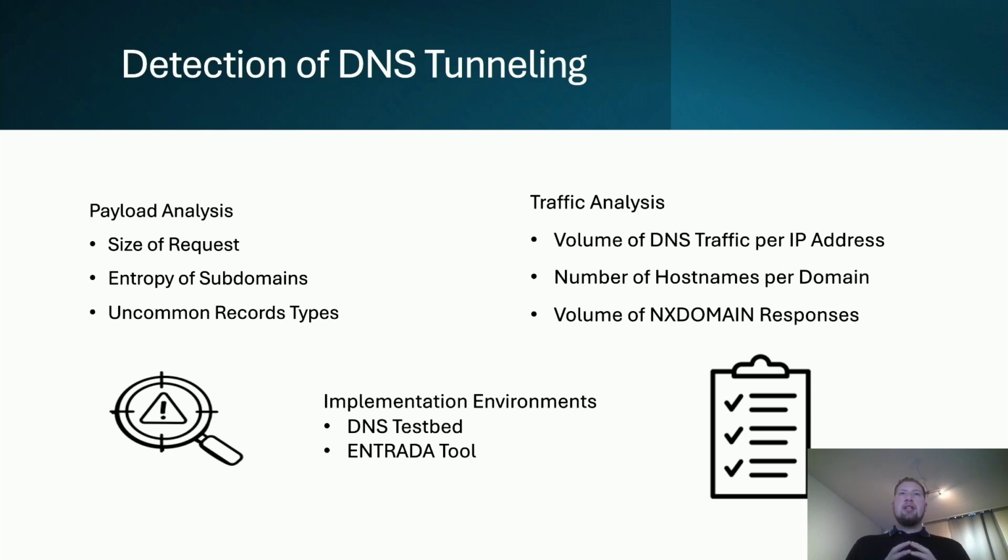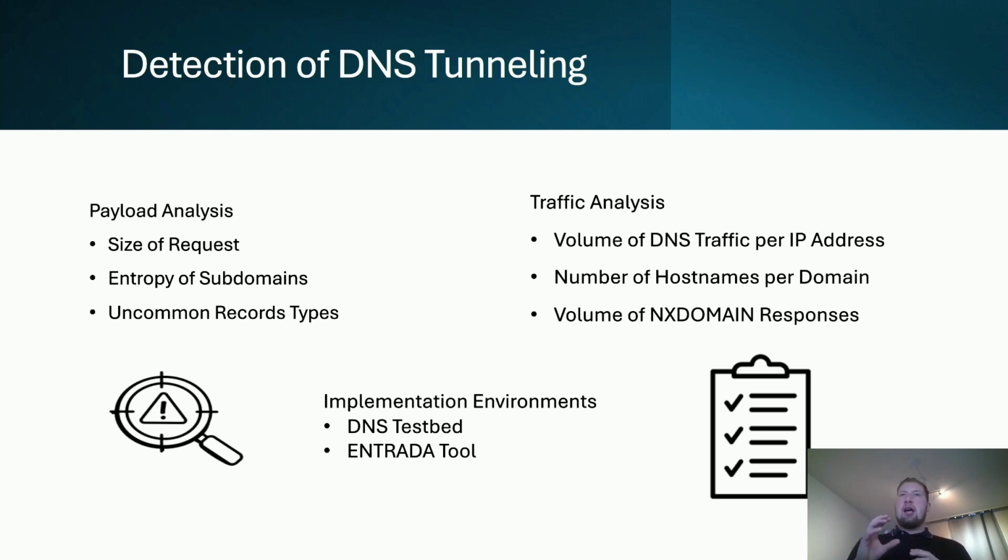The detection of DNS tunneling includes two different methods. The first method is payload analysis, which includes the size of the request, the entropy of the subdomains, and uncommon record types.